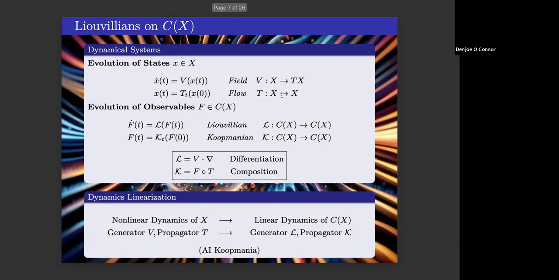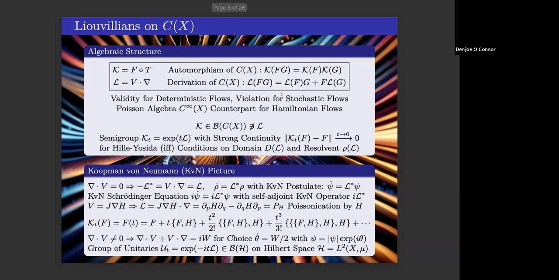Okay, yeah, I mean, there are so many words floating around in the literature. If you have a vector field and there are no stochastic terms, then this holds. And then there's a subclass of deterministic flows, which are Hamiltonian flows, given by the symplectic structure. And then you also have an automorphism and derivation on this Poisson algebra.